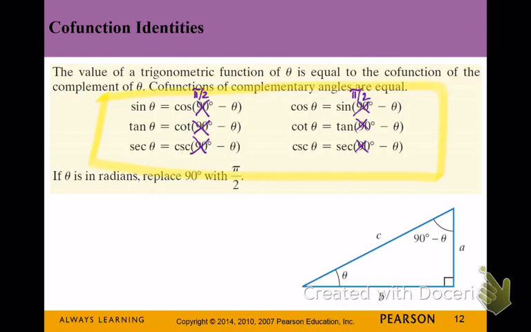These are called the cofunction identities. So when you're writing it on your blue paper, the first ones were the Pythagorean identities. These are called the cofunction identities. These ones I think are pretty obvious, self-explanatory. Once you write them down, I'll talk a little bit more about them.